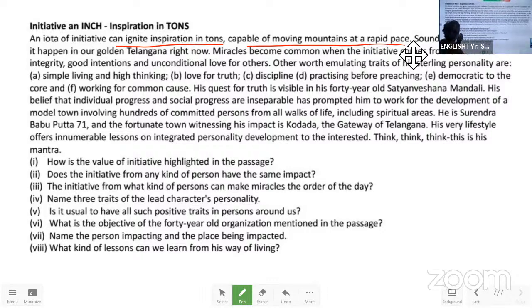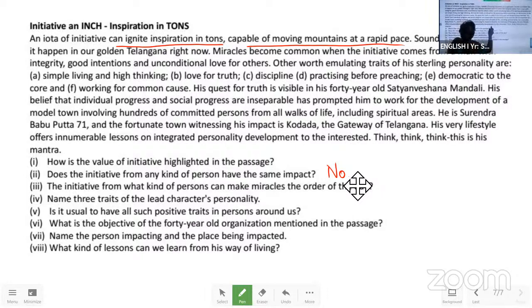Does the initiative from any kind of person have the same impact? You can't say the same. Just like all the fingers are not the same, no two persons can be the same. The initiative from what kind of persons can make miracles the order of the day?